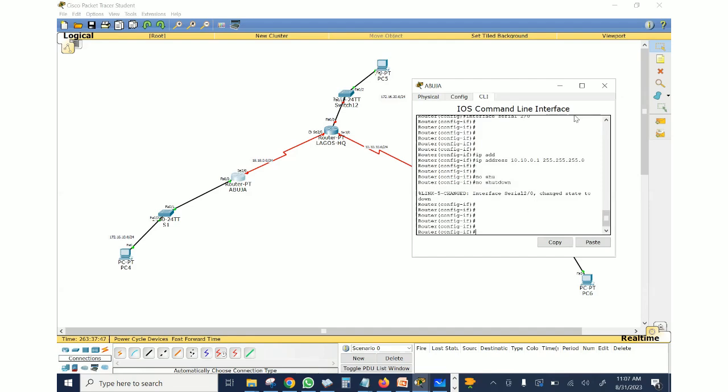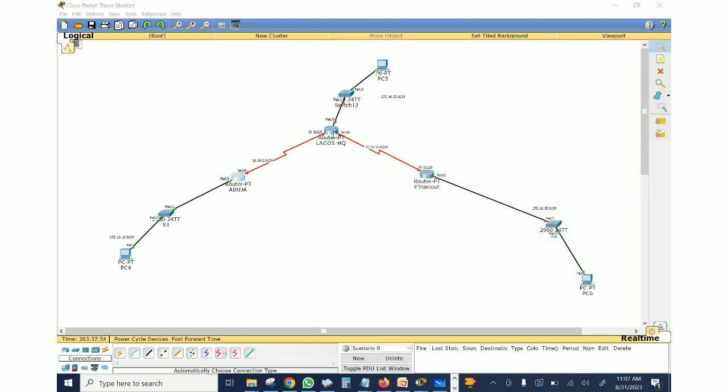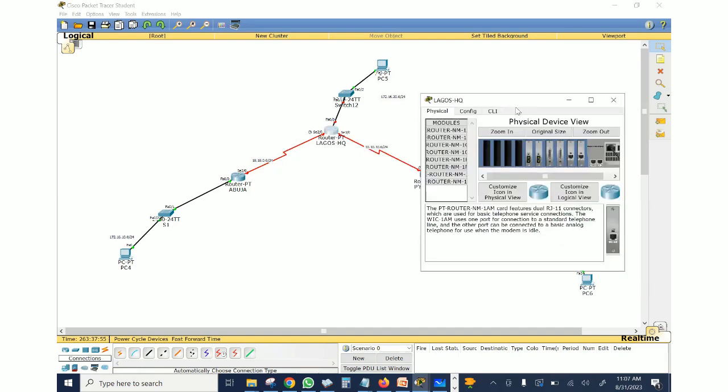Okay, we are done with the addressing of the Abuja router. Okay, let's go and do addressing of Lagos router.